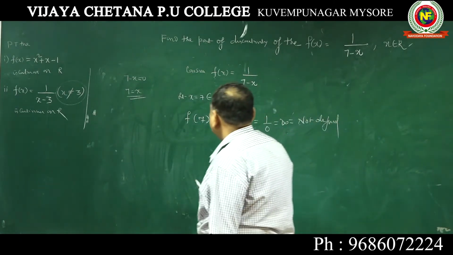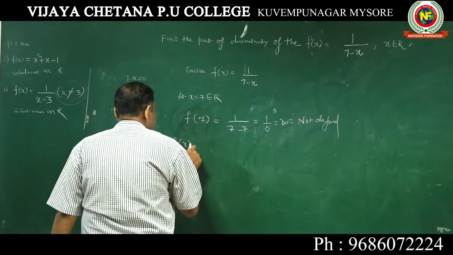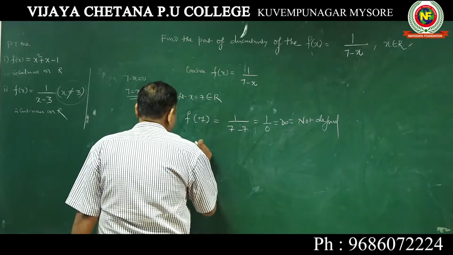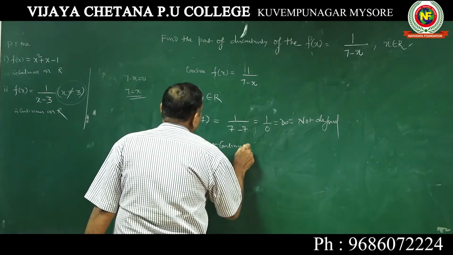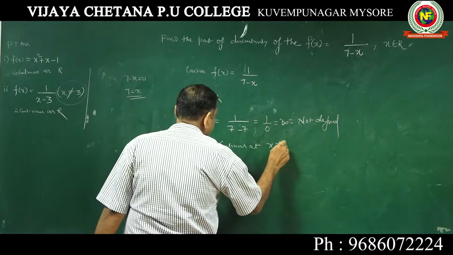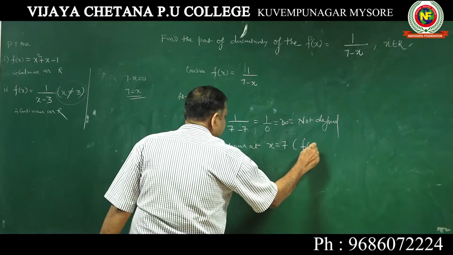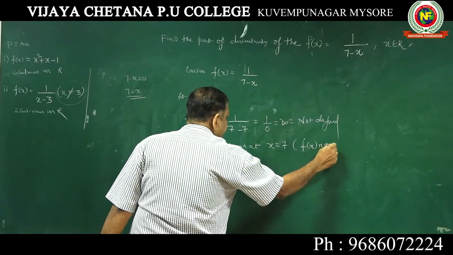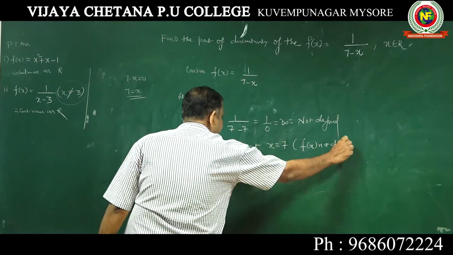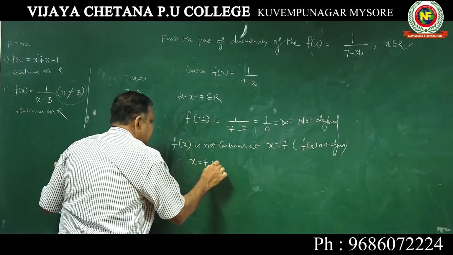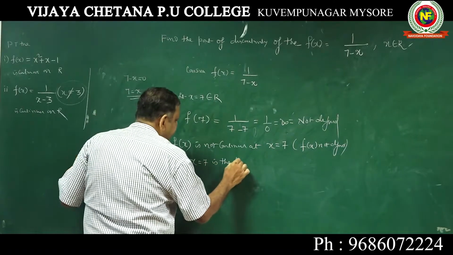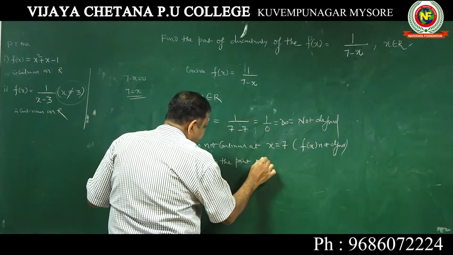That means f of x is not continuous at x equal to 7. That means f of x is not defined. You should write f of x not defined. Therefore, x equal to 7 is the point of discontinuity.